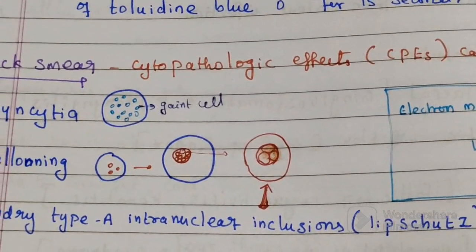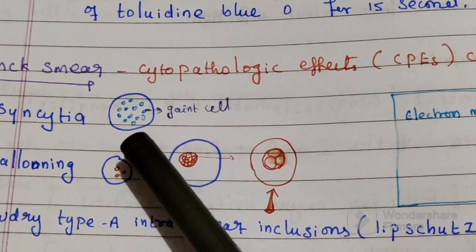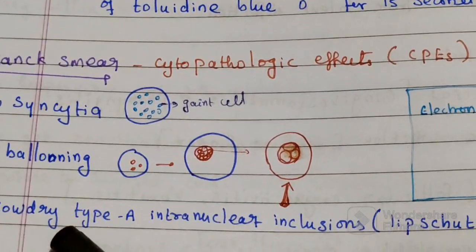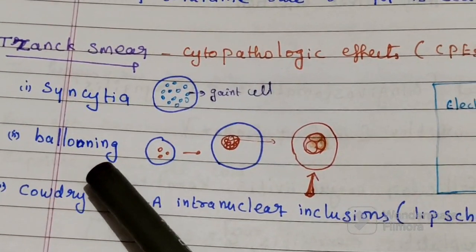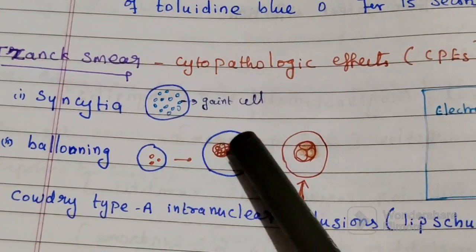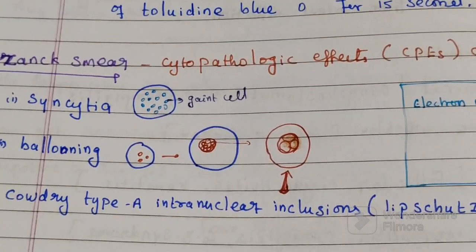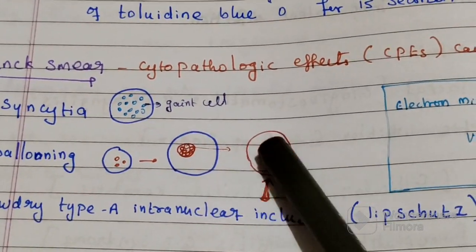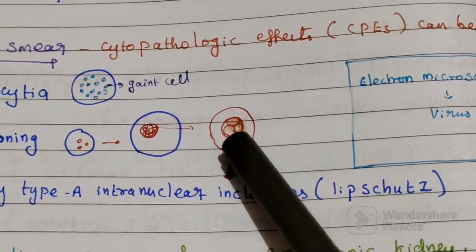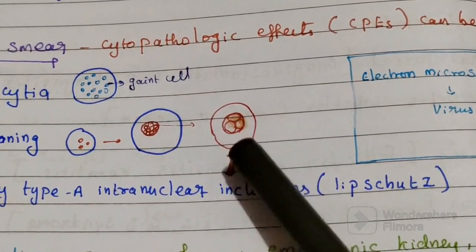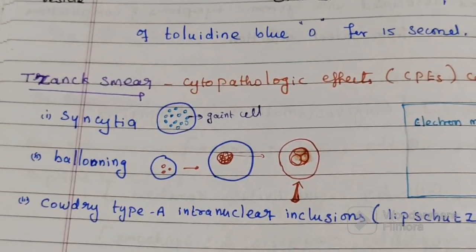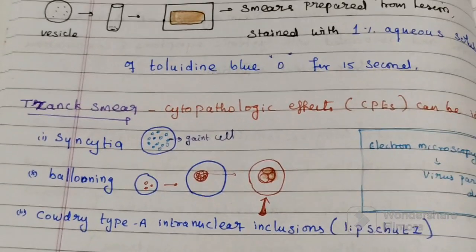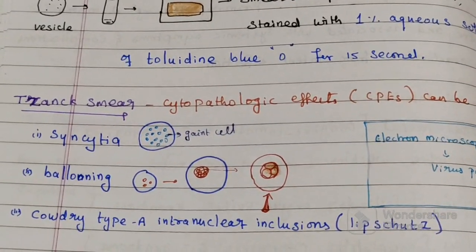That is called syncytia. Second is ballooning; normally the virus enters a normal cell, and here ballooning occurs. Third is Cowdry type A intranuclear inclusion, where the inclusion bodies are present inside the nucleus. This is the special microscopic smear, called the Tzanck smear.